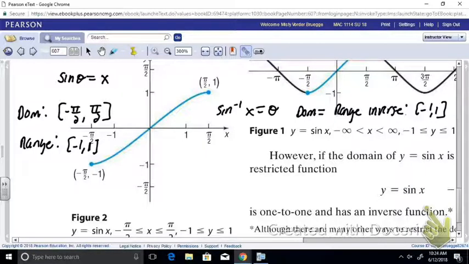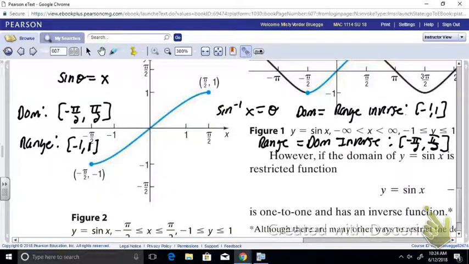Because, and I'm going to give you this formally in the book, but I just want you to kind of see it, right? Because if you're swapping coordinates, the x becomes the y, and the y's become what? The x's, right? And then your range becomes the domain of the inverse. So it becomes negative pi over 2 to what? Pi over 2.